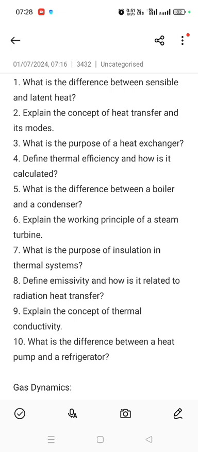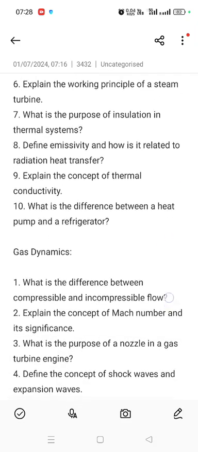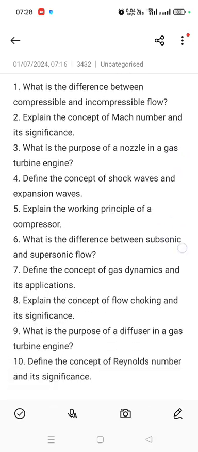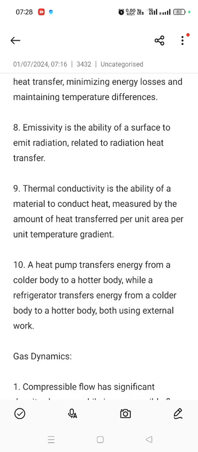It's the ninth question. Explain the concept of thermal conductivity. Now let us see its answer. Thermal conductivity is the ability of a material to conduct heat. As its name suggests itself, thermal means what? Heat. And conductivity means which conducts or has the ability to do something.